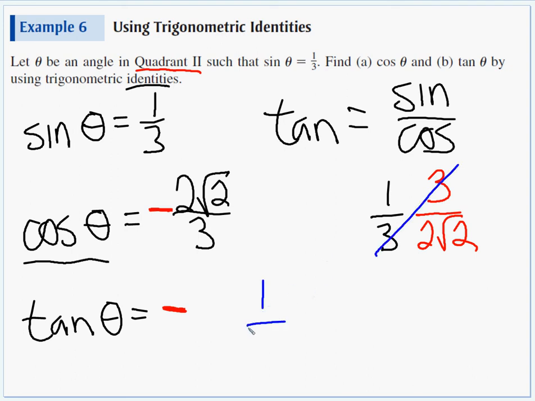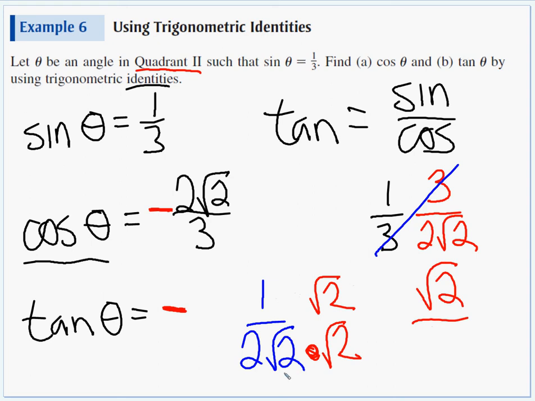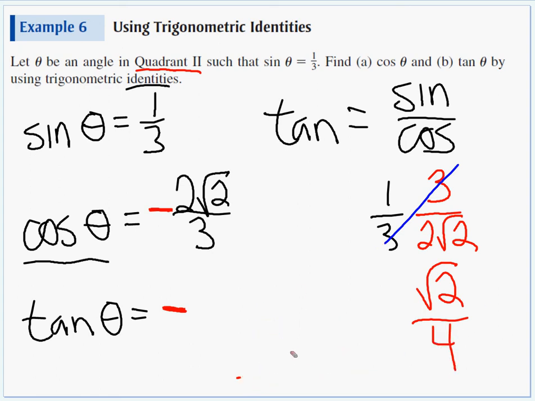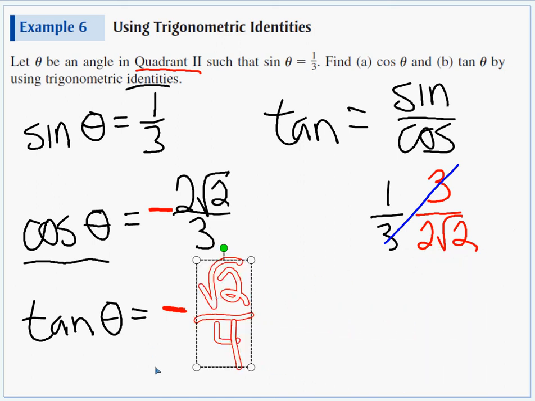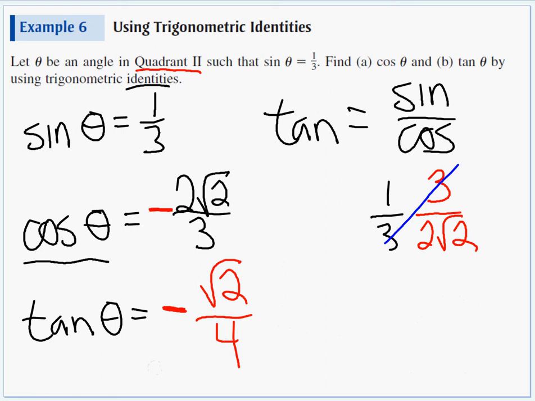So we're left with 1 over 2 root 2. And we are going to rationalize. Now our denominator is a 2 root 2, but to rationalize, we're just going to multiply by a root of 2 over root of 2. So our numerator up top is a root of 2. And then here, when we multiply these two radicals, we'll get a 2 times another 2 that's already there is a 4. Root of 2 over 4 is our tan value, and we've already figured out that it's negative. So negative root of 2 over 4.